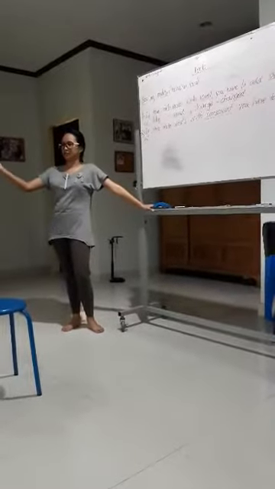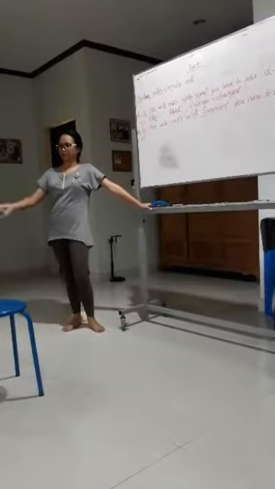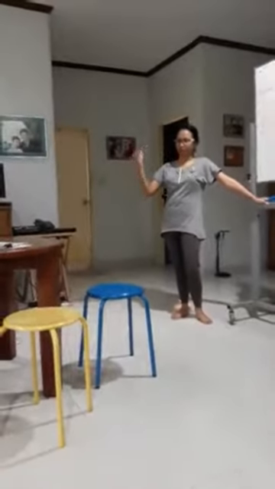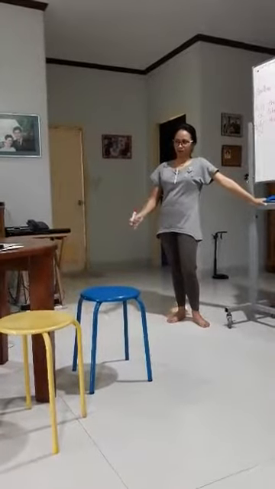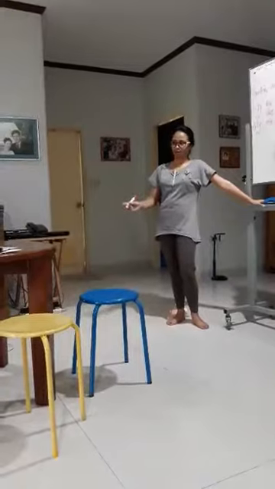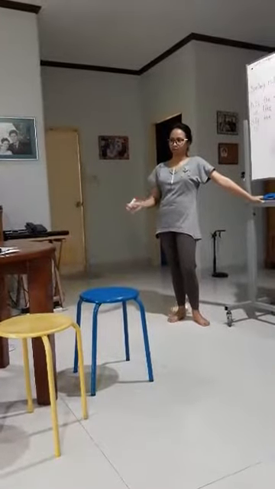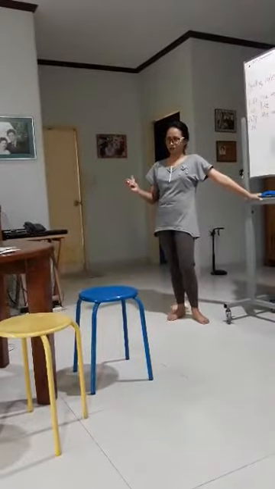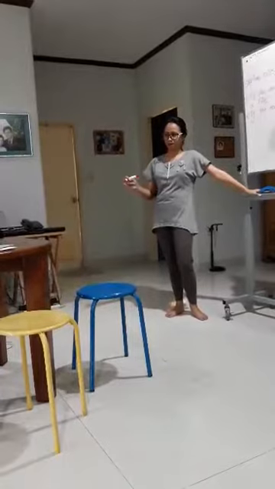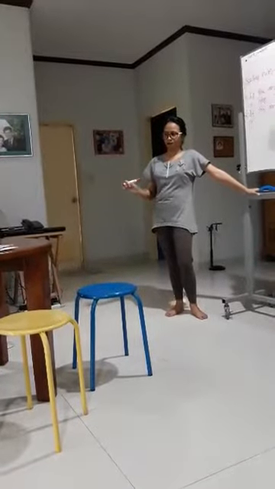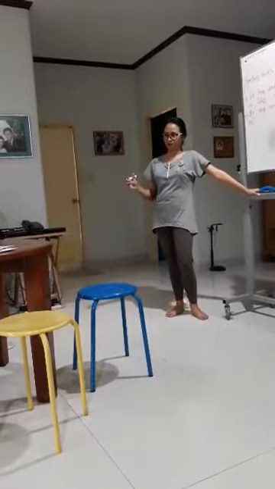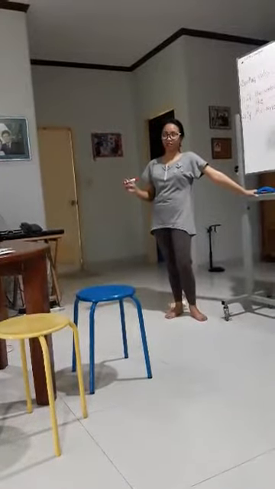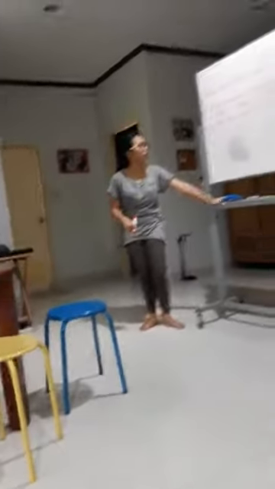B, C, D, F, G, H, J, K, L, M, N, P, Q, R, S, T, V, W, X, Y, and Z. Okay, very good. So those are the consonants.